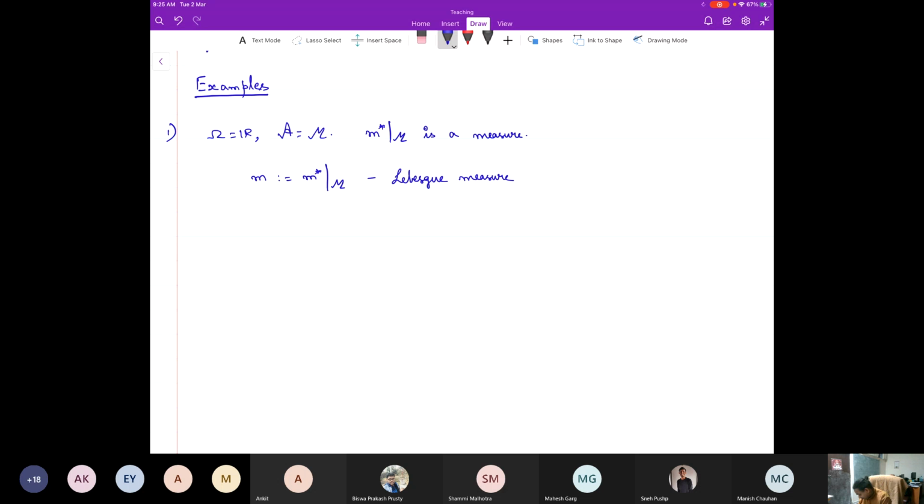Fine. In many books you will find the notion of Lebesgue measure or Lebesgue integration. There are lots of books on Lebesgue measure and Lebesgue integration. So what they wanted to say is nothing but this M.